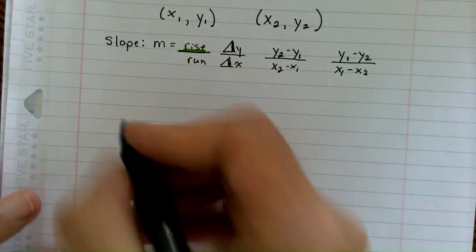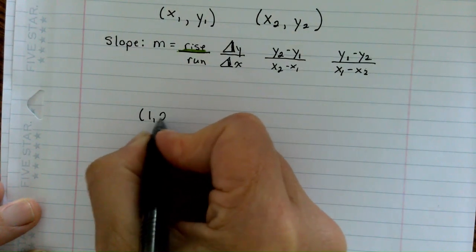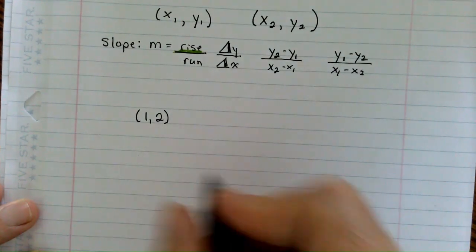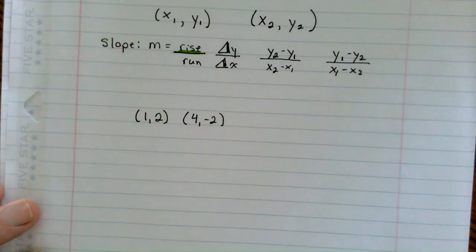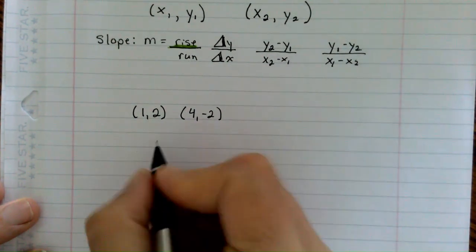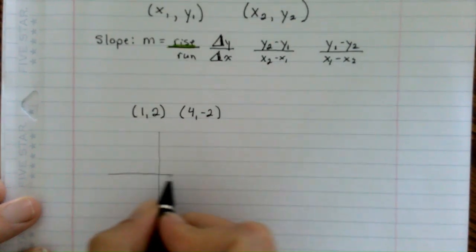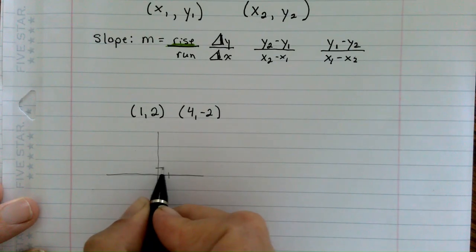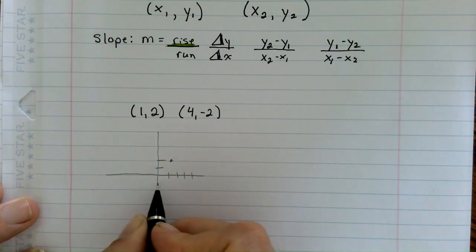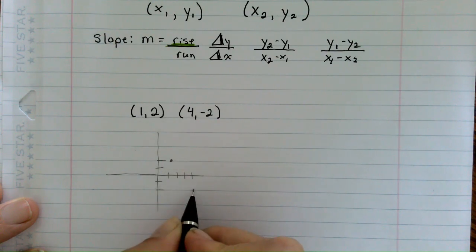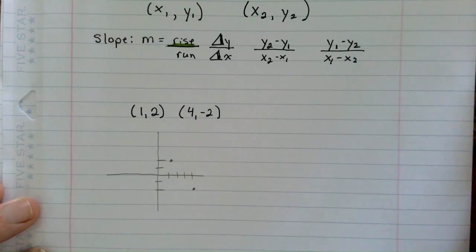So we can actually just count if we want. Okay. And remember, when we count, we make sure we work left to right. So here's our two ordered pairs, and we just want to know how steep the line is. So option 1, over 1, up 2, 2, 3, 4, down 2. Okay?